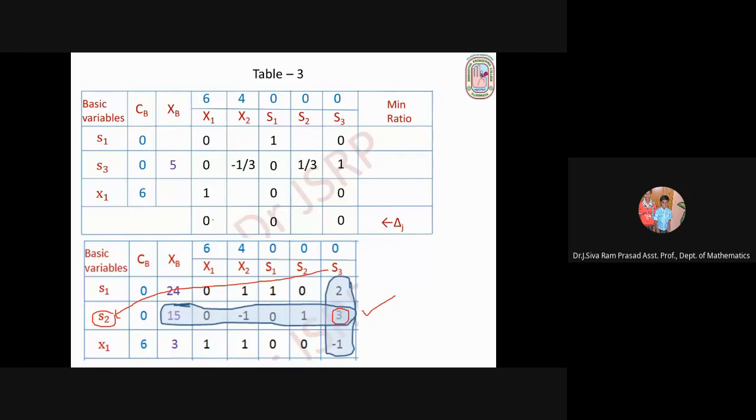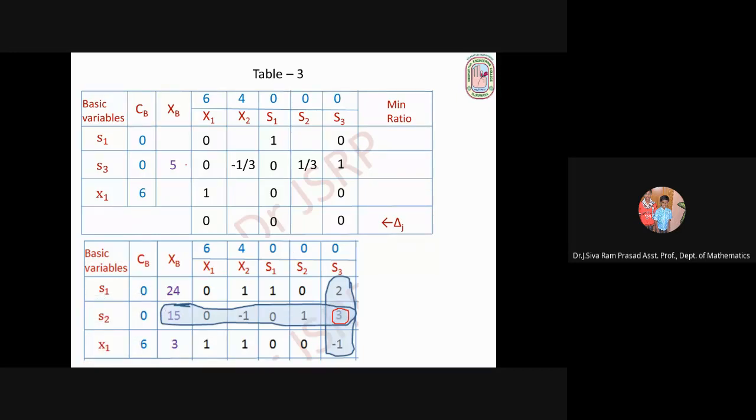This is the second step. Third step, to calculate the other values, we use the ring and round method. How do you calculate?